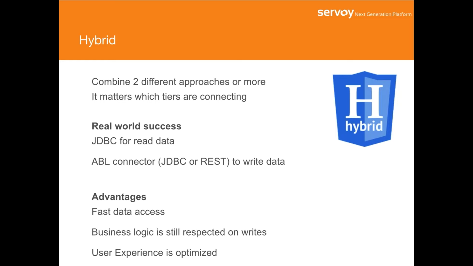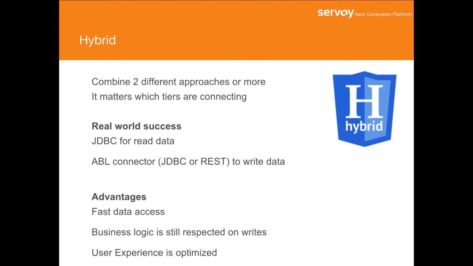And again, as I mentioned in the first slide, your UX should drive this decision on what you're going to choose. But we have seen a lot of success with this particular approach, that you use the ABL connector if you need to connect to business logic that you already have in Progress, and you use JDBC to read data, because very often that doesn't have to be processed by your business logic.